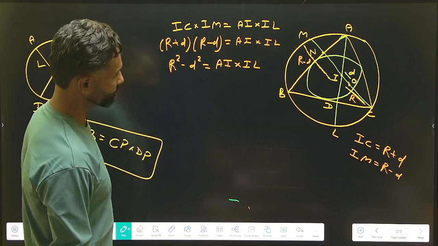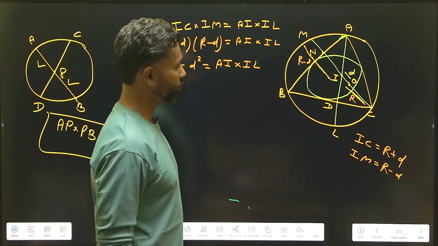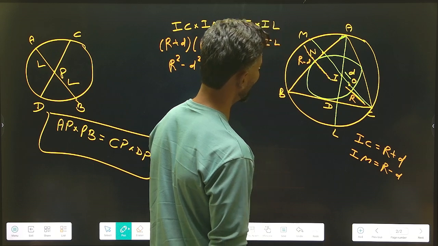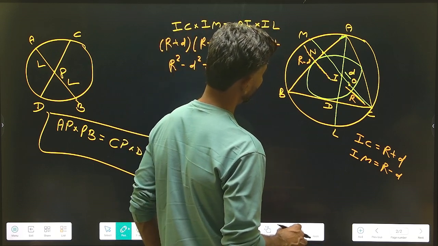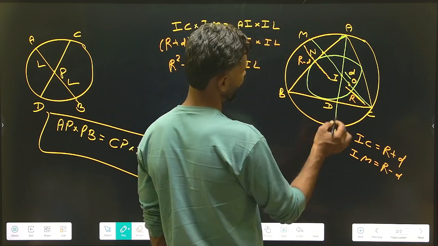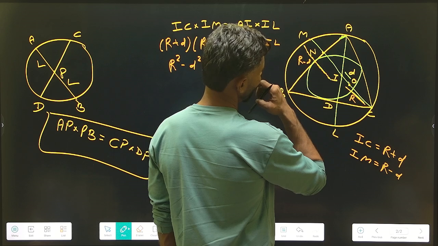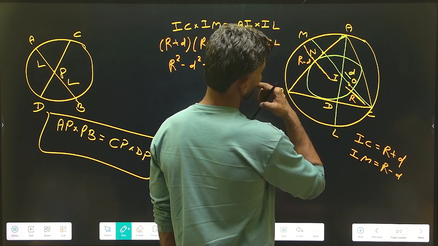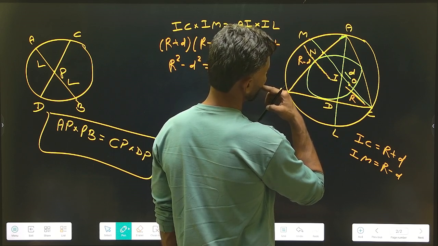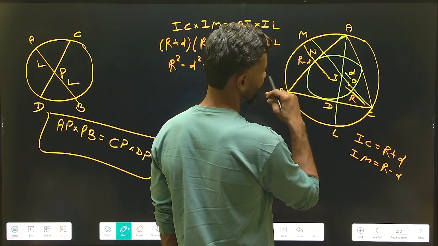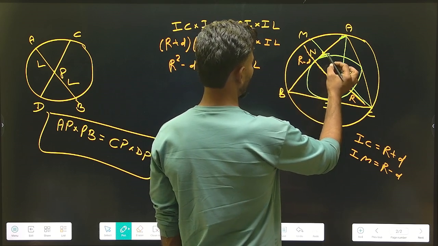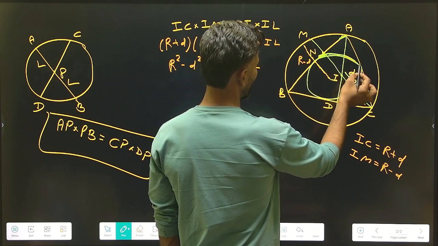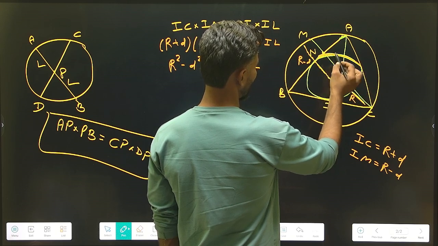Understand that? Now listen to me very carefully. Do you know what the inradius is? The inradius always intersects the side at 90 degrees. This figure is not drawn properly, it should be like this, the incircle should be like this.